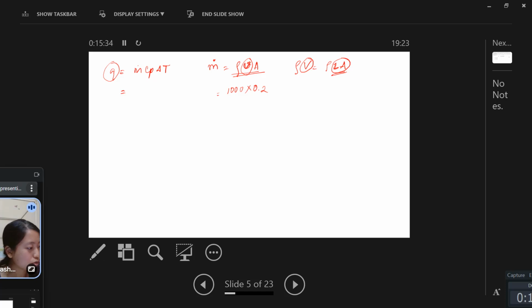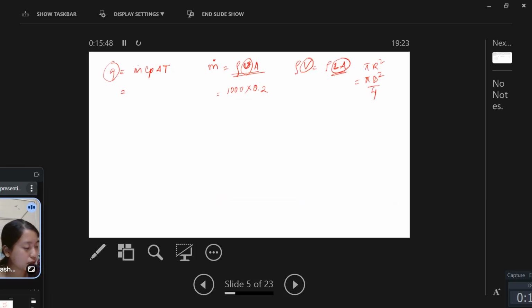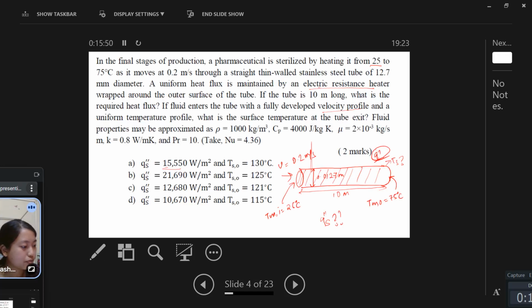Pi r square or pi d square by 4, since it is the volume of the tube, so you have to take it as the cross-sectional area.